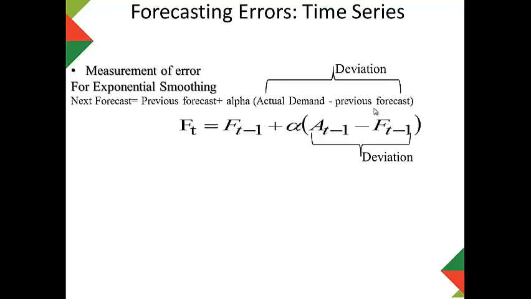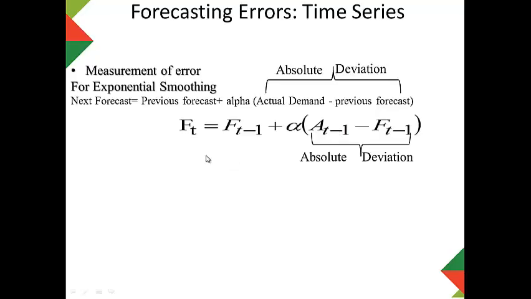So that's a deviation. You also notice that it could be negative if the actual was less than the forecast, and it could also be positive if the forecast was more than the actual, or vice versa. So in mathematics, when we say absolute, we ignore the sign.